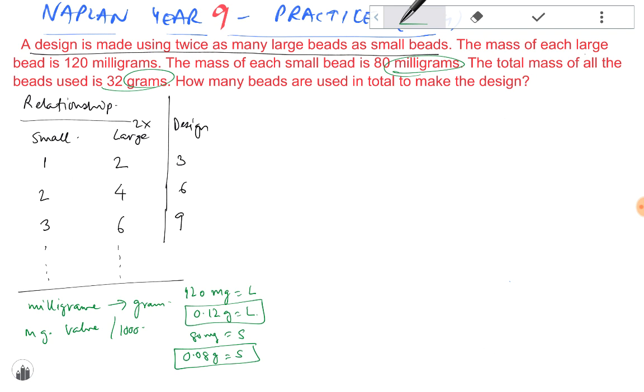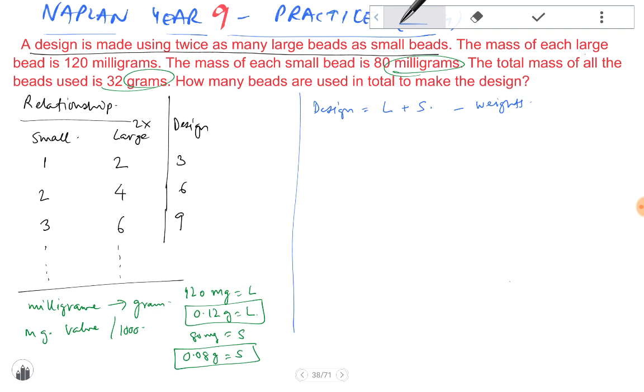And now we also know the third part of the equation, which is the big solving section for us, which is the main relationship that the total design is comprised of lots of large and lots of small beads, and the large and the small beads are also having different weights.